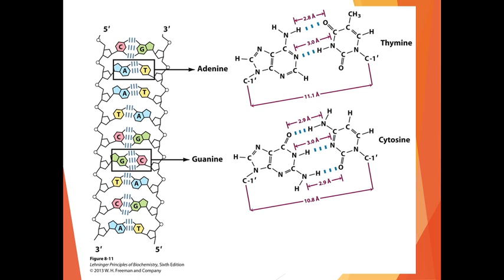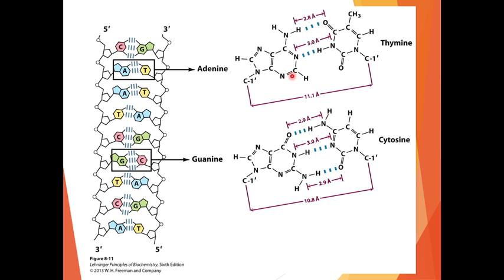An example of Watson-Crick hydrogen bonding is shown in this slide. If you consider a double-stranded DNA as shown here, there are two different hydrogen bonding interactions: adenine hydrogen bonding to thymine, or guanine hydrogen bonding to cytosine. Let's look at the first example.